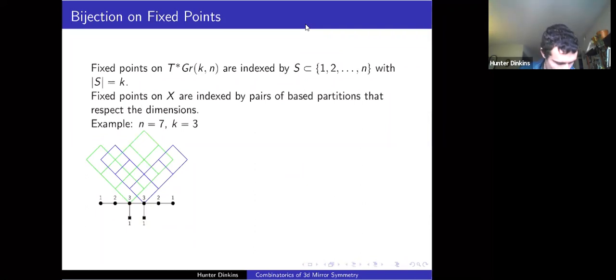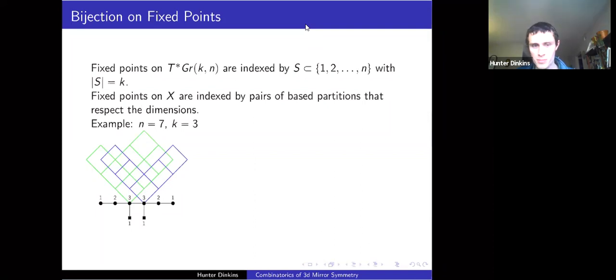So for instance, if we look at this vertex here with 2 on it, I need to have 2 boxes above it, and I get 1 blue box here, and I get 1 green box. Or maybe if we check this one, this should be 3. So I get 2 green boxes and then 1 blue box. So in general, all such configurations of partitions that respect all the dimensions are how fixed points are indexed on this variety.